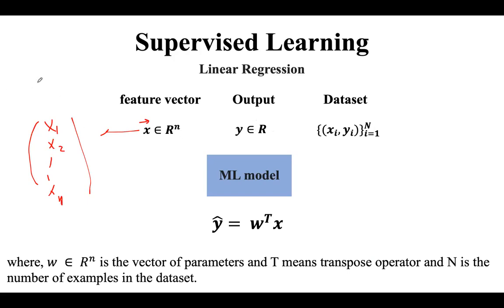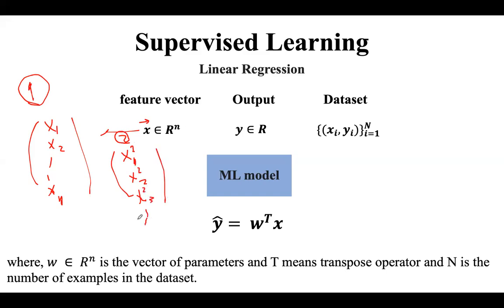For example, I can call this feature vector X1, X2 to Xn, referring to example number one. Then for the next example, let's say example number two, I can have X12, which means the feature of sample number two and the first dimension. Again X2,2, X2,3, and so on.